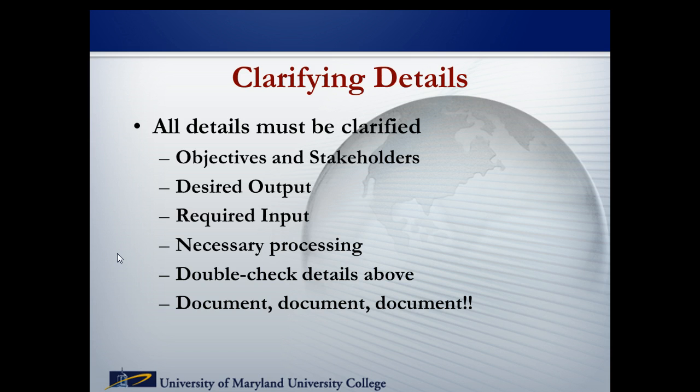So, of course, to achieve that desired output, we need to define what the necessary processing is going to be, and double check all those details. And inside the code that we are responsible for, make sure that we document what's going on in the code.